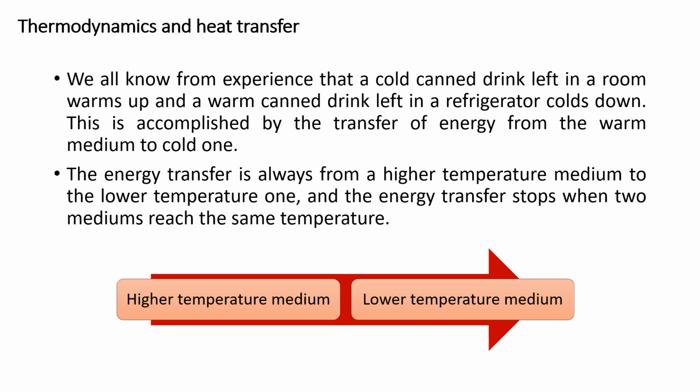So what is happening here is there is an energy transfer between the system, that is the can, and the surrounding. It's our observation that energy transfer, in particular I am speaking of heat energy, always transfers from the high temperature medium to the low temperature medium.